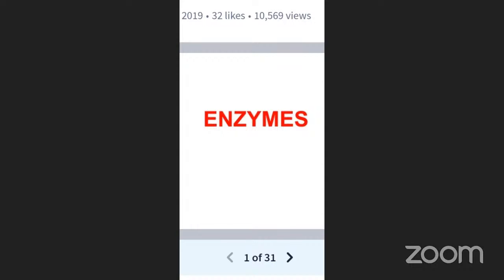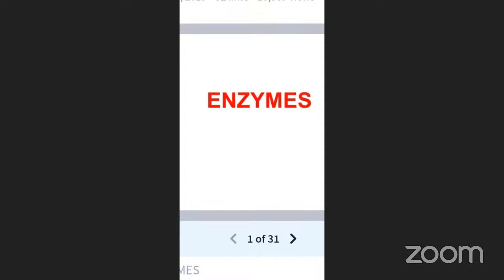So next is the nomenclature and classification of enzymes. Systematic nomenclature as well as trivial names are important in the study of enzymes.